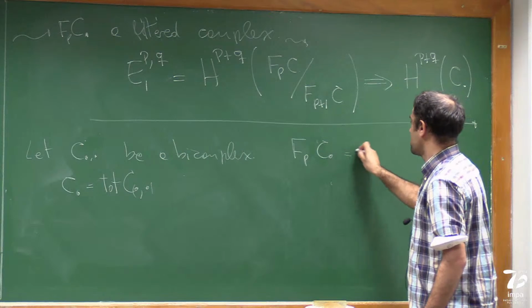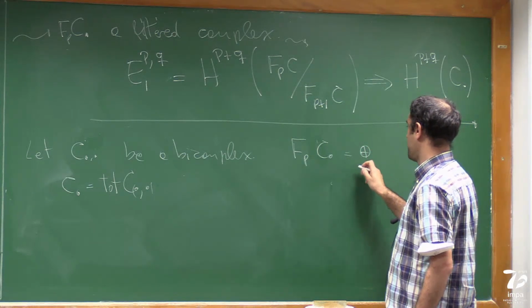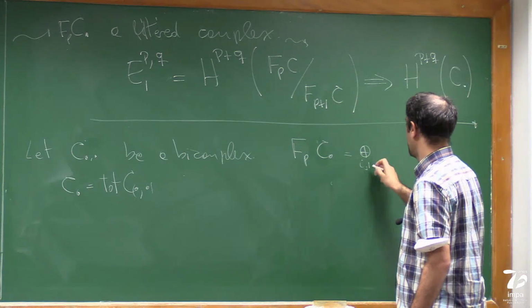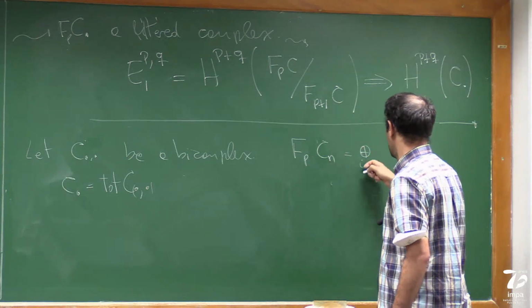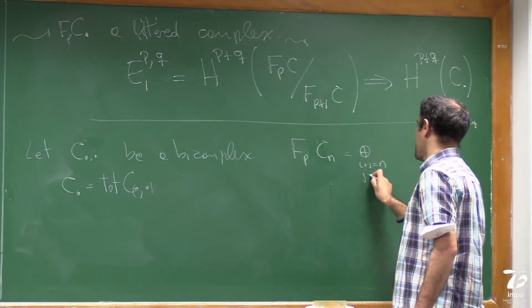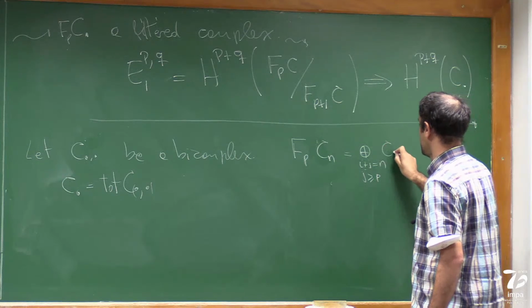This guy is the direct sum of C^{i,j}, so if I call this n, i plus j is equal to n, and j is bigger or equal than p.